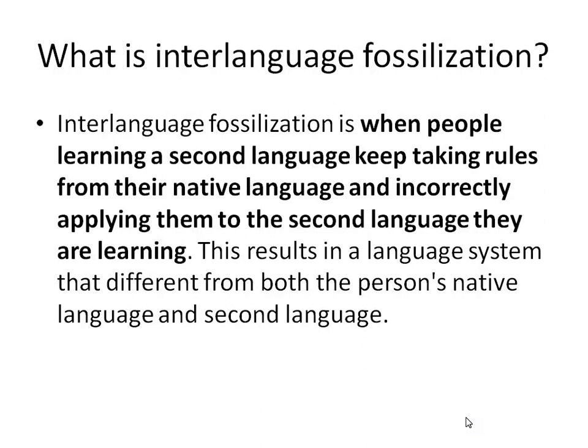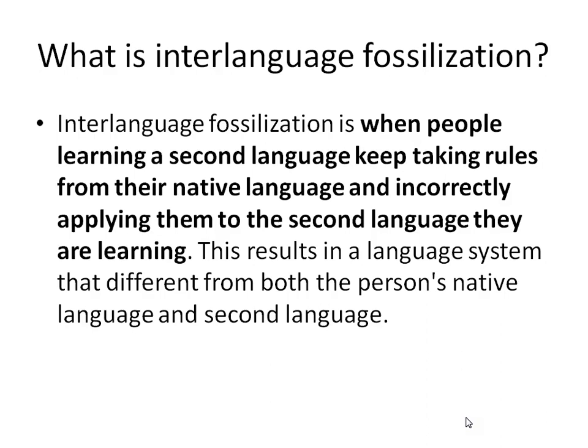So if we make the difference in case of Tarry Selinker's interlanguage, interlanguage is an independent language learning phenomenon between second language and first language. And according to Tarry Selinker, it has 3 stages.